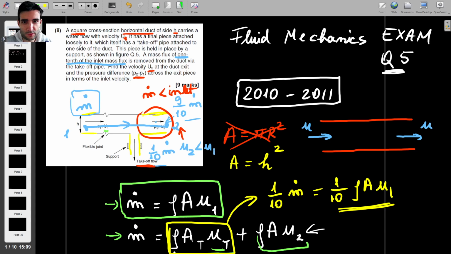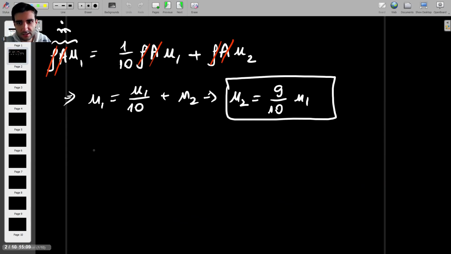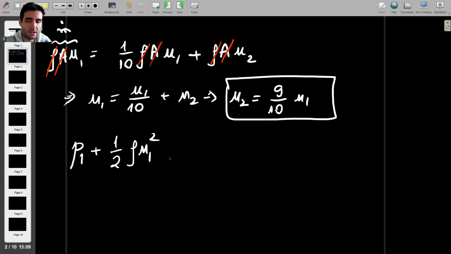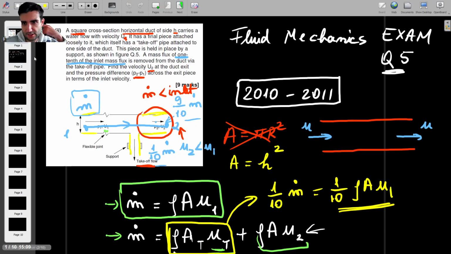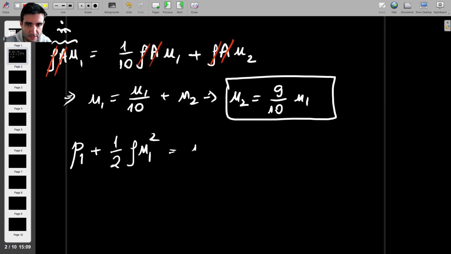So this is exactly what we're going to use. So let's say that we apply Bernoulli at point 1, so that's static pressure at 1 plus half rho U1 squared. There's no potential energy term because the streamline is just horizontal all the way through. So that is equal to P2 plus 1 half rho U2 squared like this.